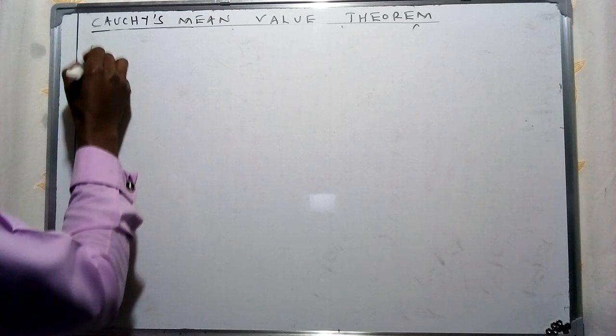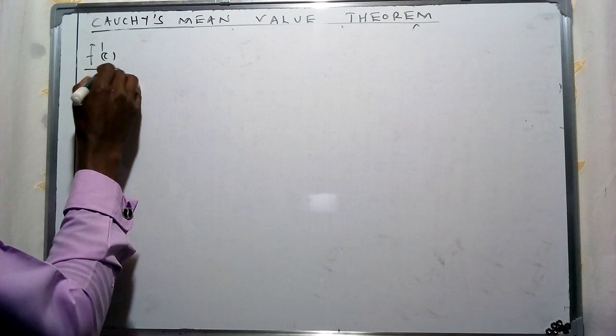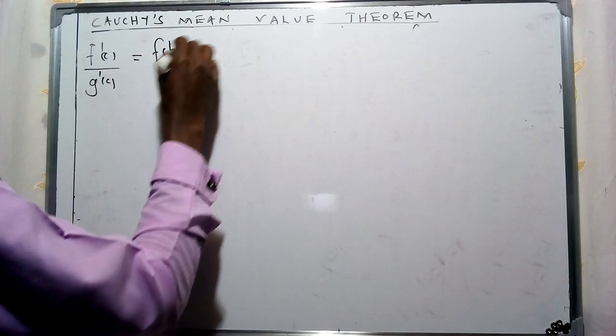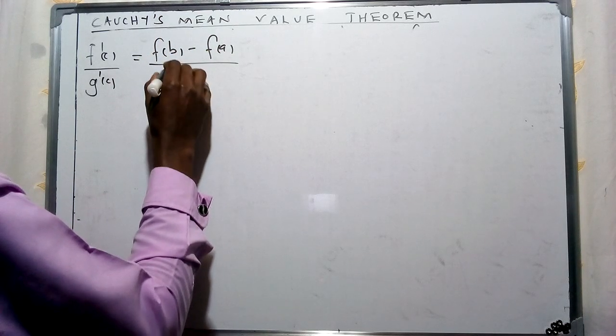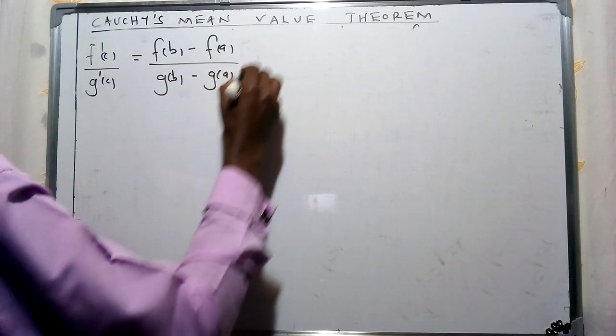So in the first place, I'm just going to quote Cauchy's mean value theorem, which we are going to have in the form of this representation, and we're going to have g of b minus g of a given as such.